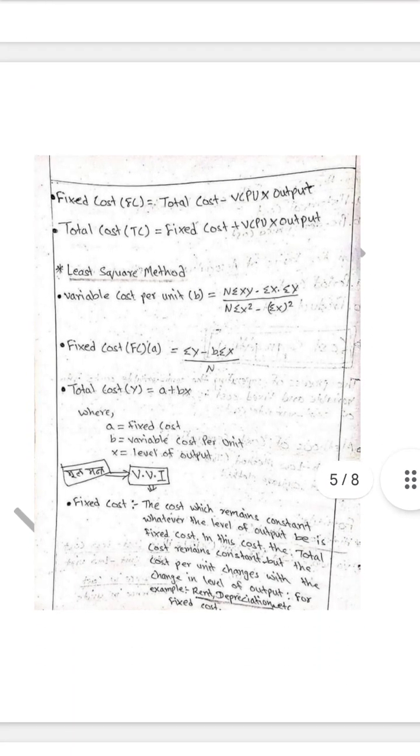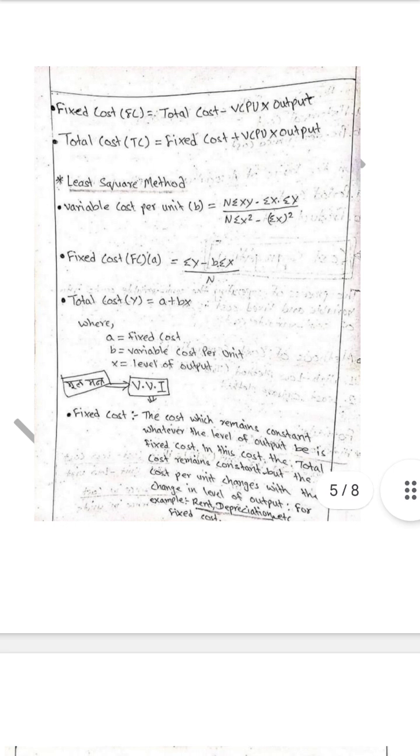यसरी सबै फर्मुलाहरू अनुसार चाहिँ अब यदि fixed cost आउने total cost minus VCPU x output राख्ने, total cost TC is equal to fixed cost plus VCPU into output राख्ने, least square method भयो. Variable cost per unit मा चाहिँ NΣXY minus ΣXΣY राखेर फेरि NΣX² minus bracket (ΣX)² राख्ने हो. Fixed cost A is equal to ΣY minus bΣX by N राख्ने हो.